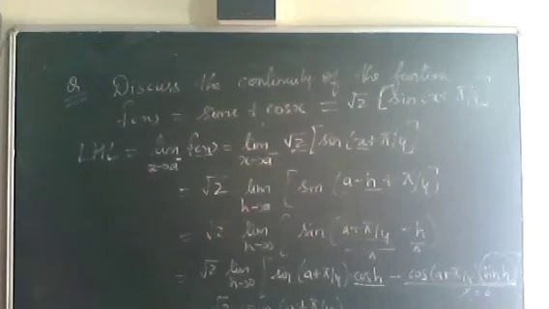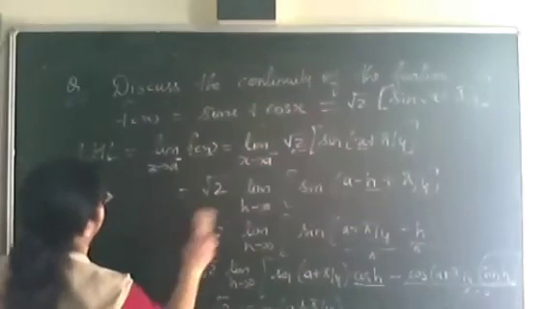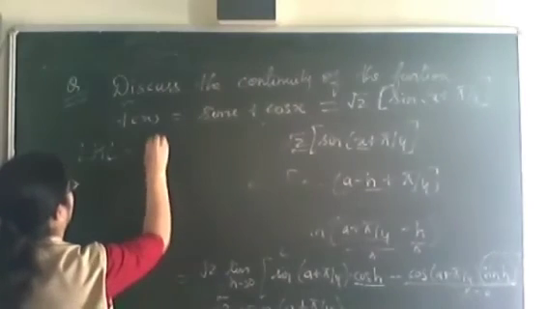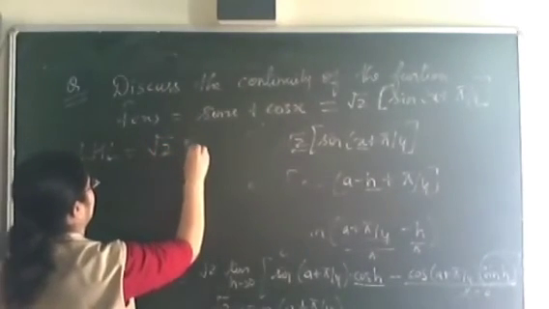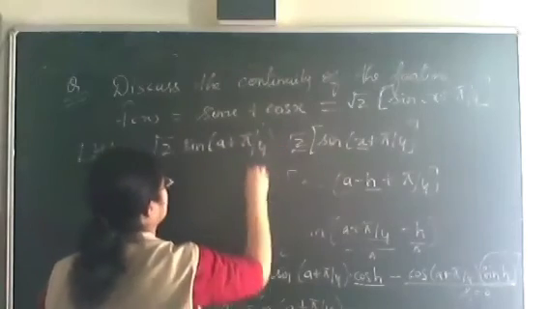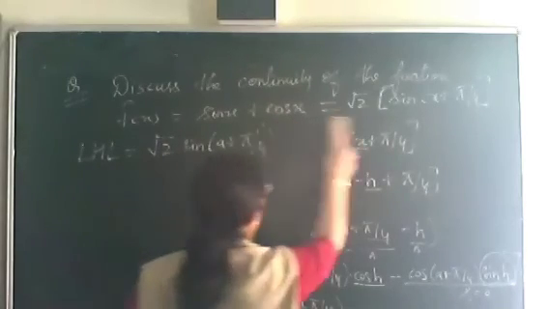So what we have got as LHL is root 2 times sine a plus pi by 4. Clear? So I will write here root 2 times sine a plus pi by 4. This is our LHL.